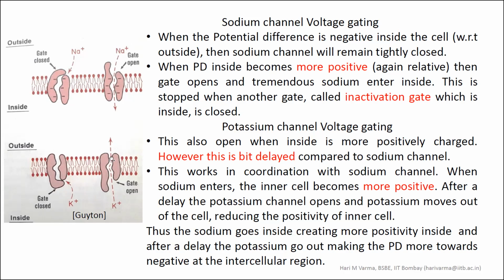Since potassium ions are positive and they are leaving the cell, the potential in the interior of the cell can come down. So the sodium influx, because of some disturbance, will increase the potential of the cell for some time, and after some time, when potassium gates are open, this will come down. We'll see that once again after a few slides. Just keep this in mind: there is a delay between sodium and potassium channels.